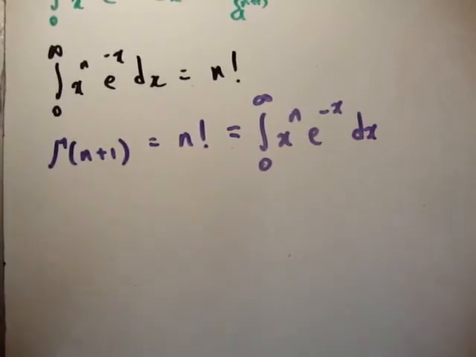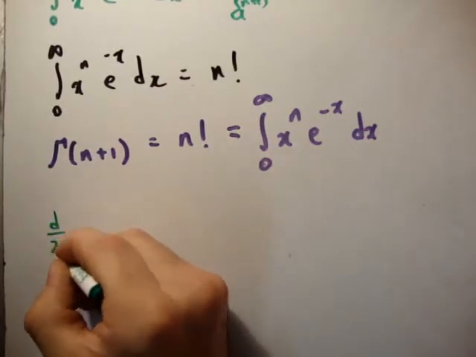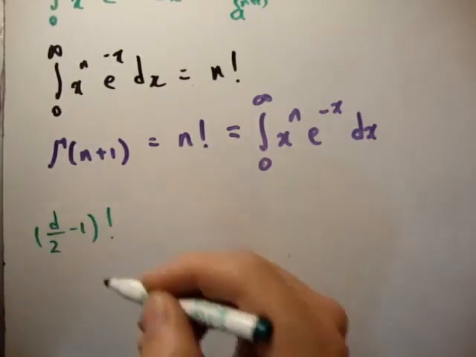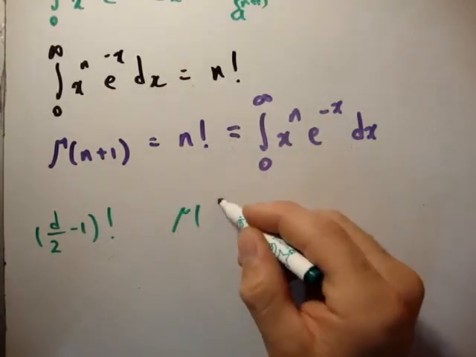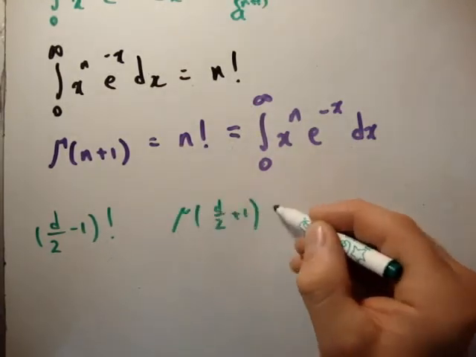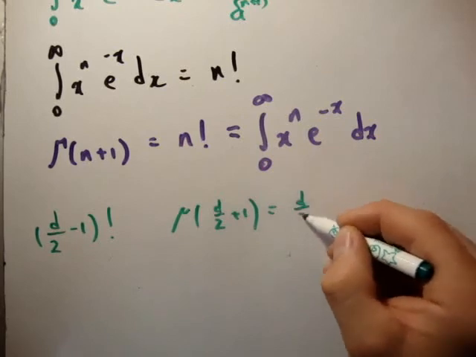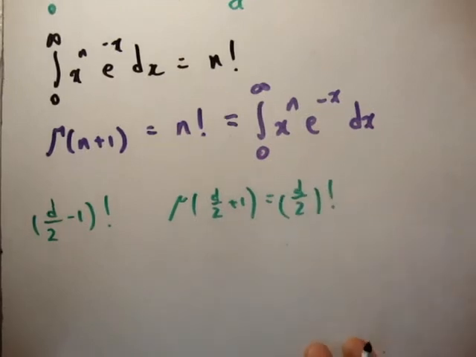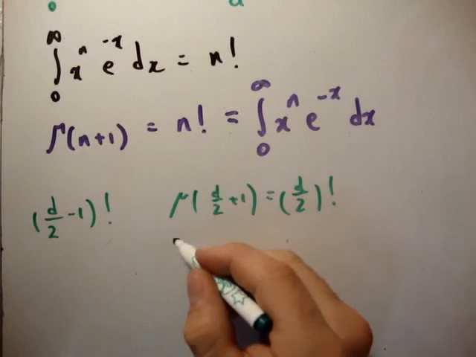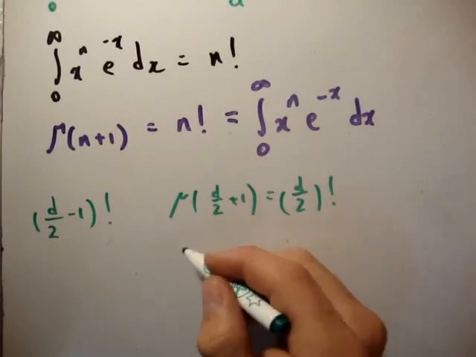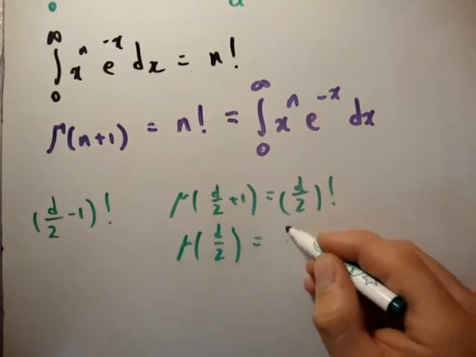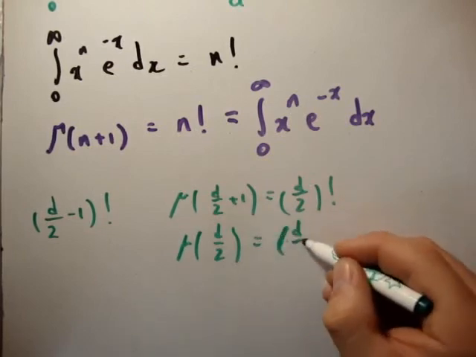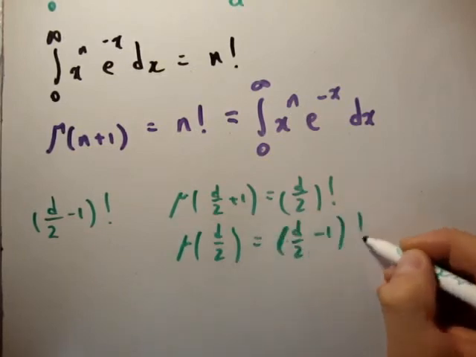And finally, the last thing I'd like to show is that if I want to get d over 2 minus 1 factorial, well, this is simply going to be the gamma of d over 2, which is equal to d over 2 minus 1 factorial.